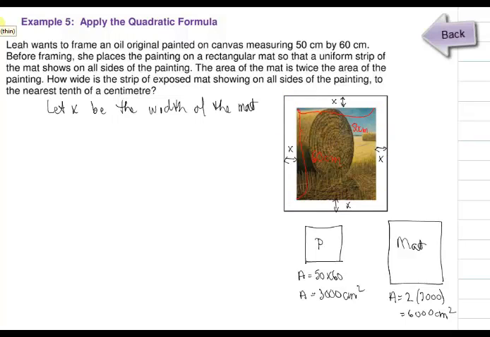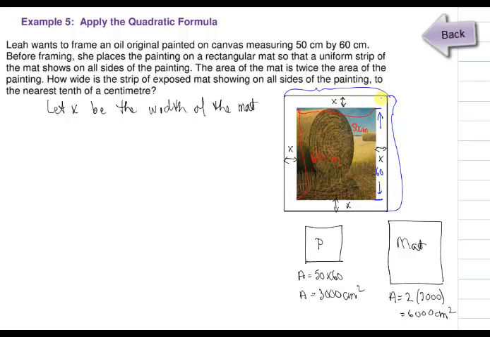Okay, so hopefully one thing that you have noticed is that we can come up with an expression which will give us the length of our mat, as well as the width of our mat. Now, if you take a look at the length, we know that from here to here, between the blue lines, is 60 centimeters.